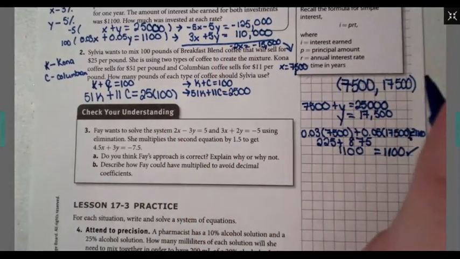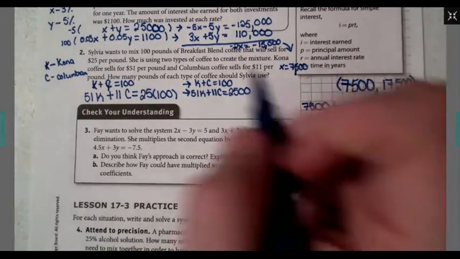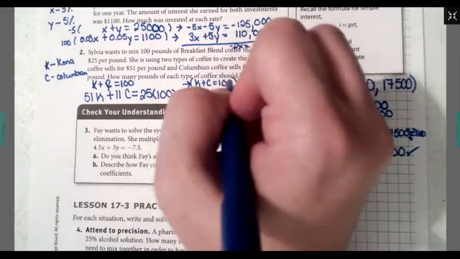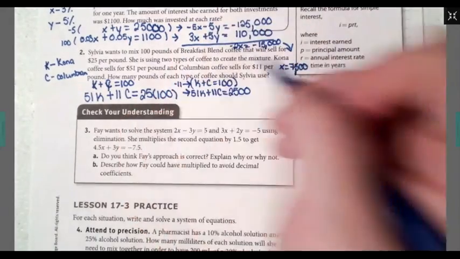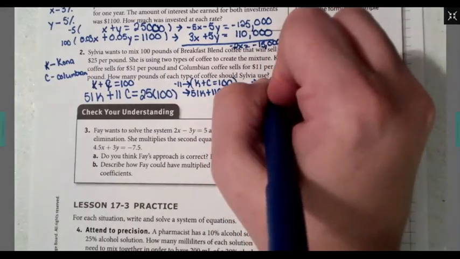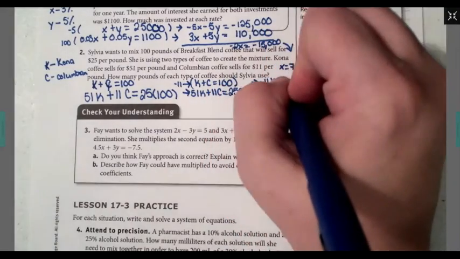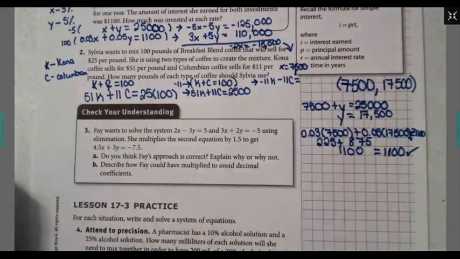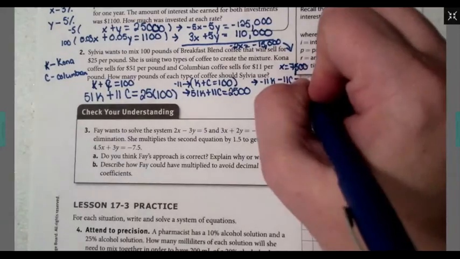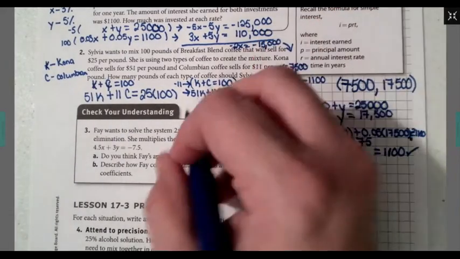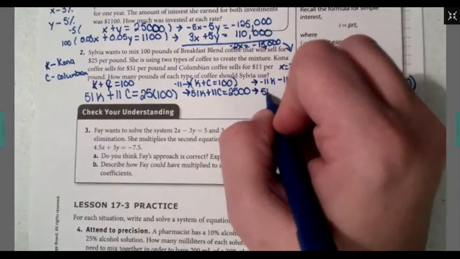Now remember, our coefficients need to be opposites of each other. So let's go through and multiply this top equation by a negative 11. Okay? So that makes negative 11K minus 11C equals 100 times 11 is negative 1,100. Here, we're not going to change anything.